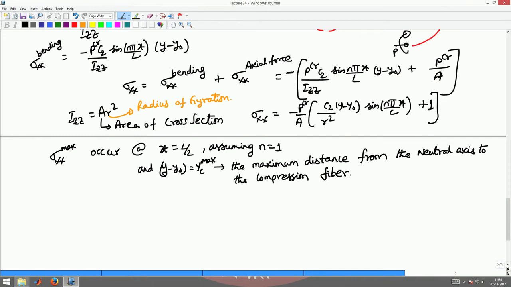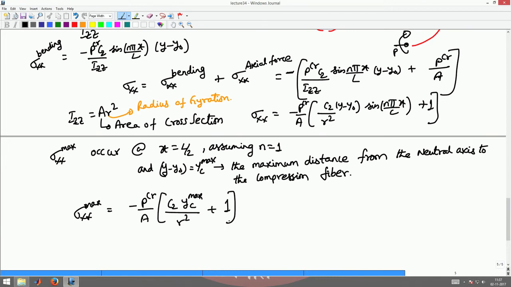So, I will get sigma xx max as minus P critical by A into C2 y max C by r square plus 1.